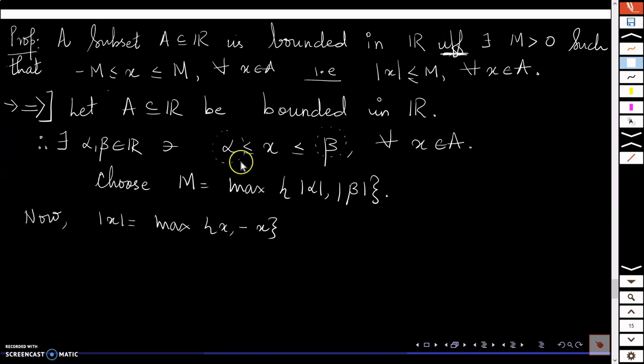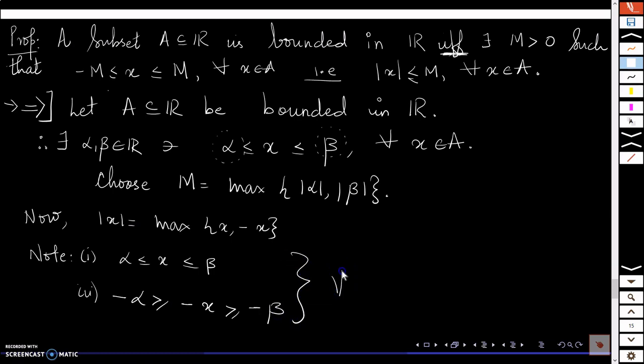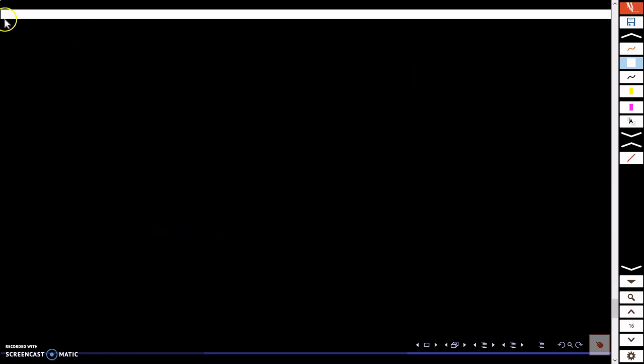Now it's already given to us that x lies between alpha and beta for every x in A. So note that alpha is less than or equal to x and x is less than or equal to beta, and if I multiply by negative 1, the inequalities will be reversed and I'll have this expression. So these two are true for every point x in A. Now mod x has two choices, either x or minus x. So we will consider both these cases.